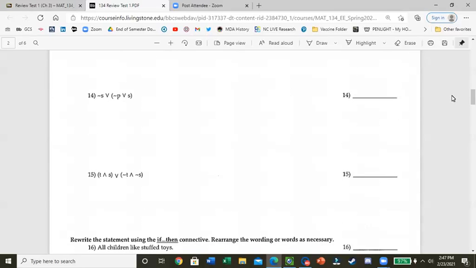So S is first this time. S, P, and then not S, or parentheses, not P or S. Okay, we got true, true, true, false, false, true, false, false. Okay, now go to the board.